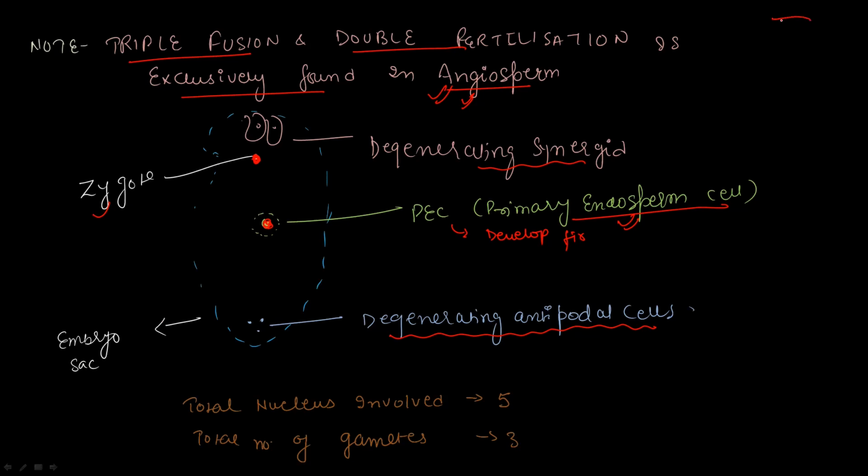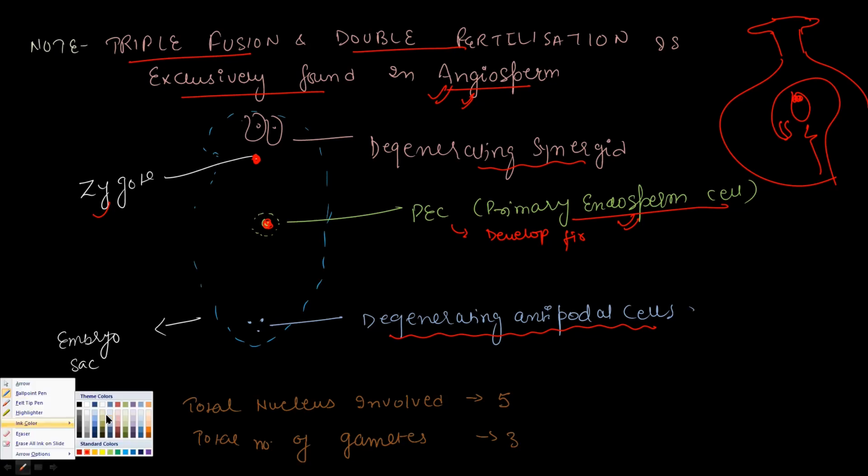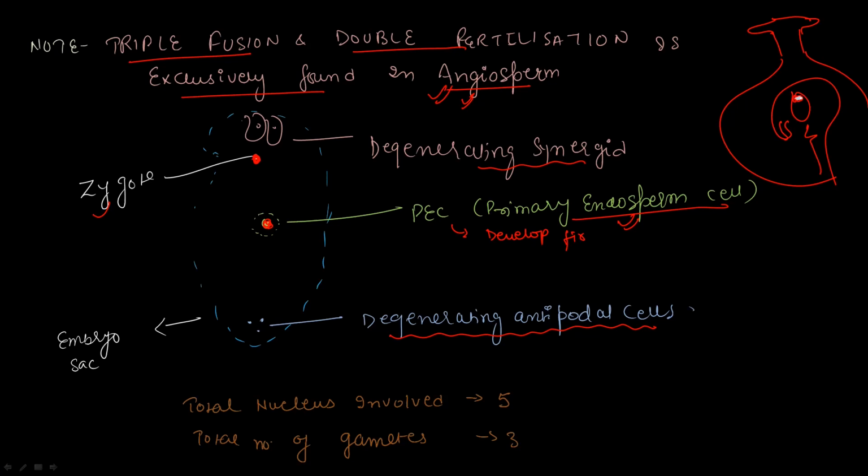In front of you is the image, let me just show you where it is. This is the ovary, and inside this ovary you have the ovule. Here you have the antipodal cells. Let me change the color so that it will be easy to understand.